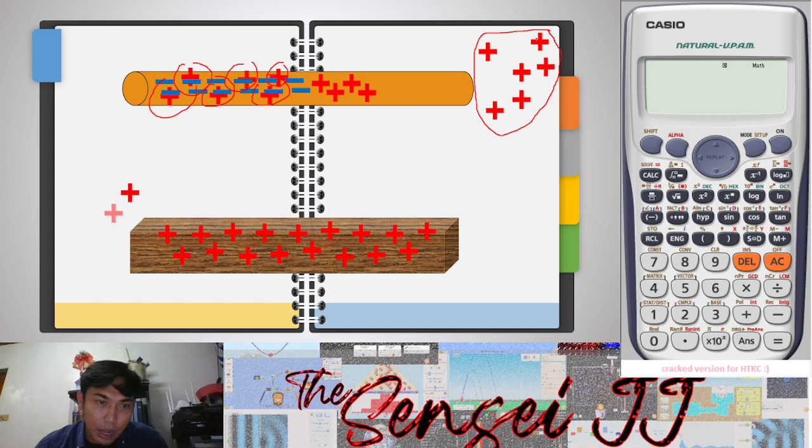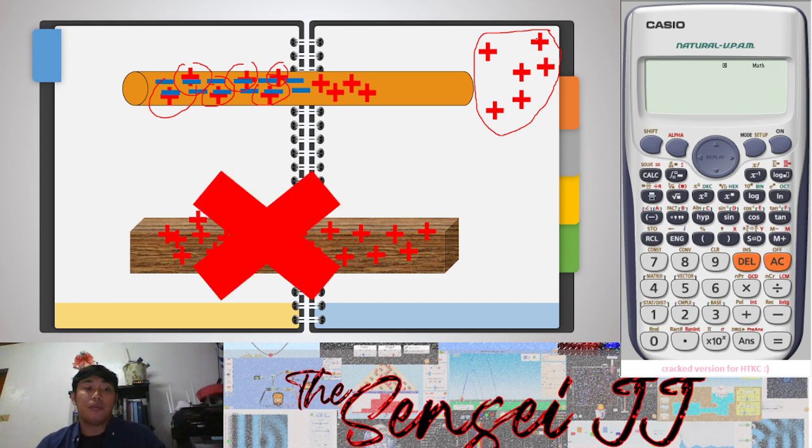Okay, so we have positive charges outside and they will be coming inside our insulator. So when they move in here, as you can see, they will be moving inside our insulator. This phenomenon will be impossible. Okay, so sir, why is it impossible?